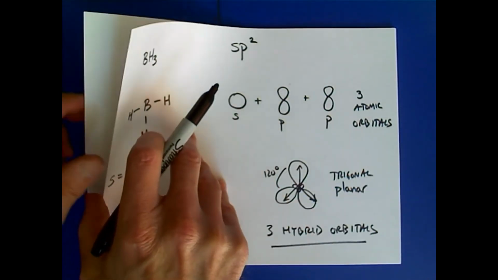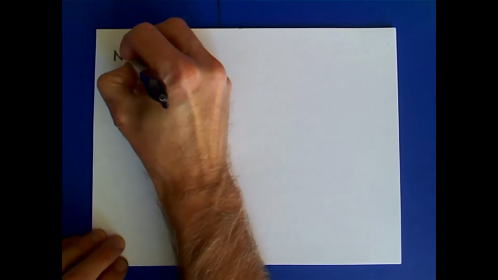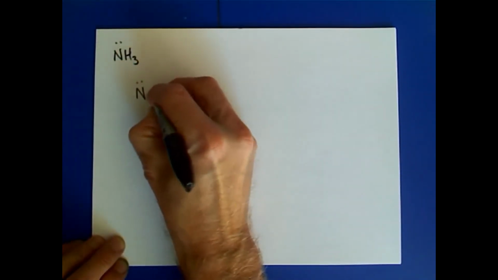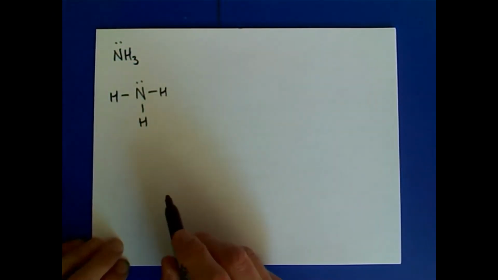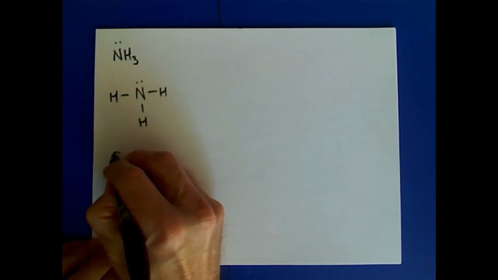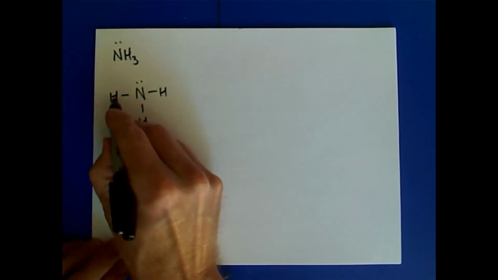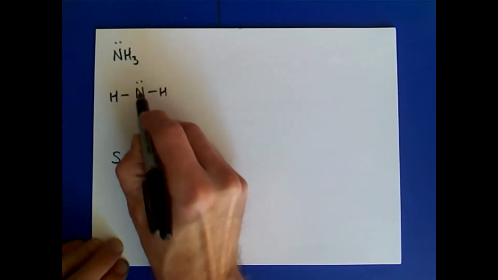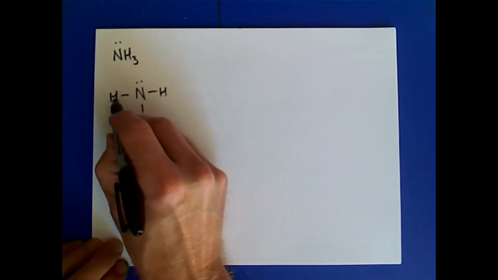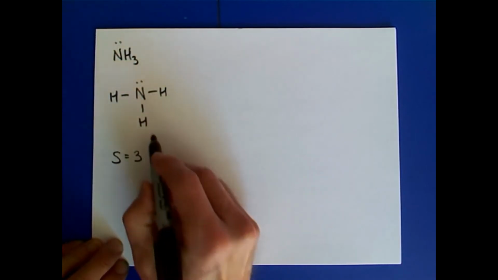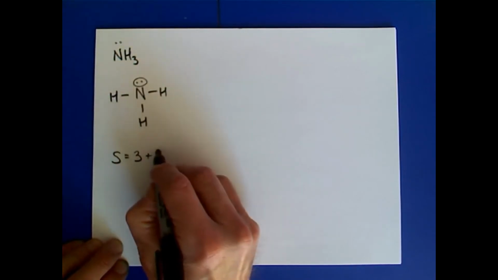Now let's look at the case where we have a steric number of 4, such as in ammonia. So the Lewis structure for ammonia looks like this. And we'd say that the steric number for ammonia is going to be 4 because the central nitrogen is attached to 3 atoms and there's 1 lone pair.